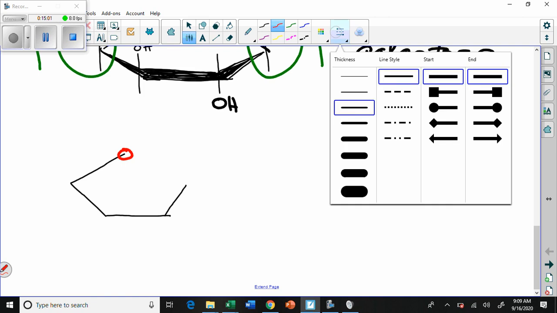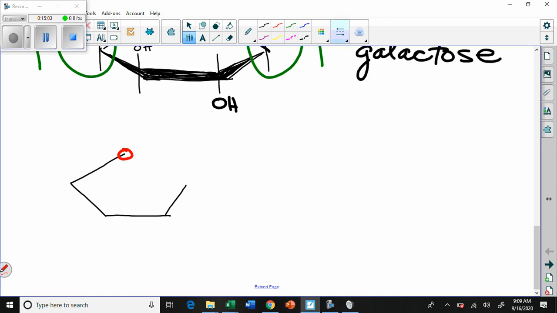Right? There's always an O in the link. Oh, it's supposed to be black. Fix that. Let's go here. Black. Every time I change pens, I have to go back and change thickness, which is kind of a pain. There. So there's the 5-carbon ring structure that we want.